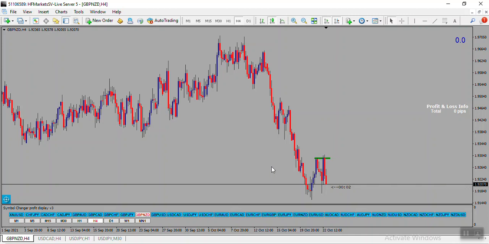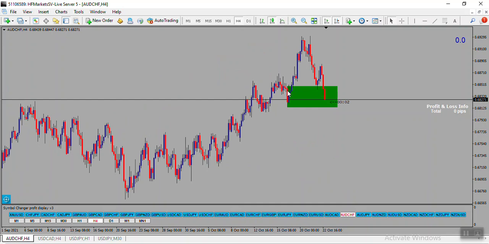The second pair I'll be looking at is AUDCHF. AUDCHF is already at the zone of my interest. Look at this point, price is on a bearish move, and here after creating this swing high with this candle, we saw a sudden drop, taking out all this liquidity, and immediately rising to the upside and coming back into the zone.